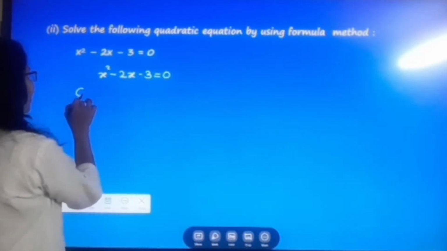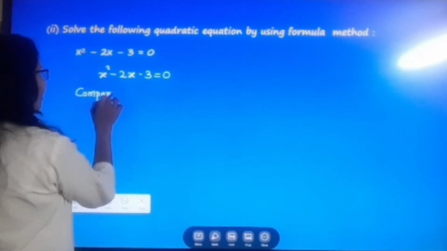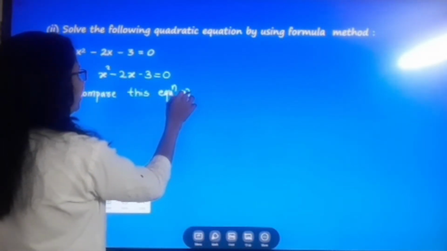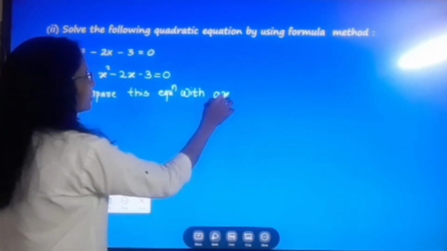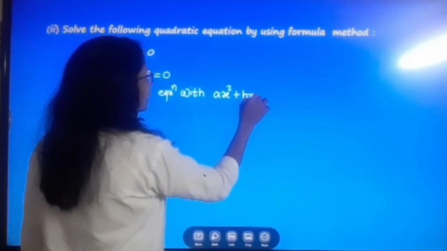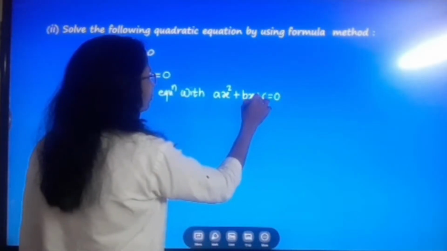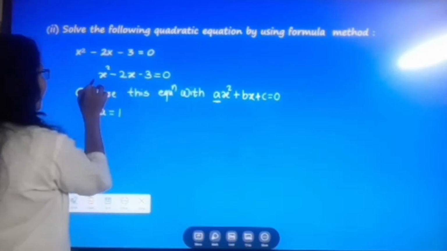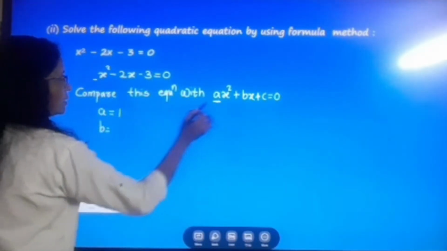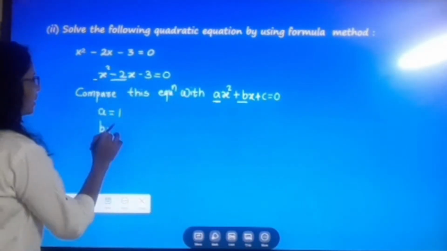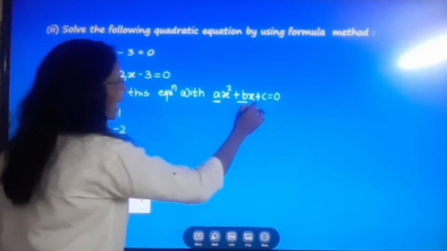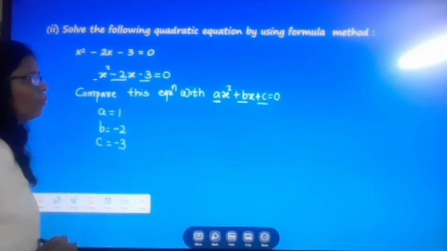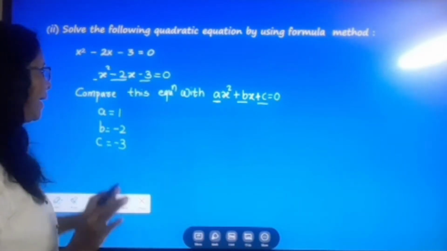Comparing this equation with ax square plus bx plus c equal to 0, a is equal to 1, at the place of b here is minus 2, so b is equal to minus 2, and at the place of c here is minus 3, so c is equal to minus 3. Now we have the three values a, b, c.